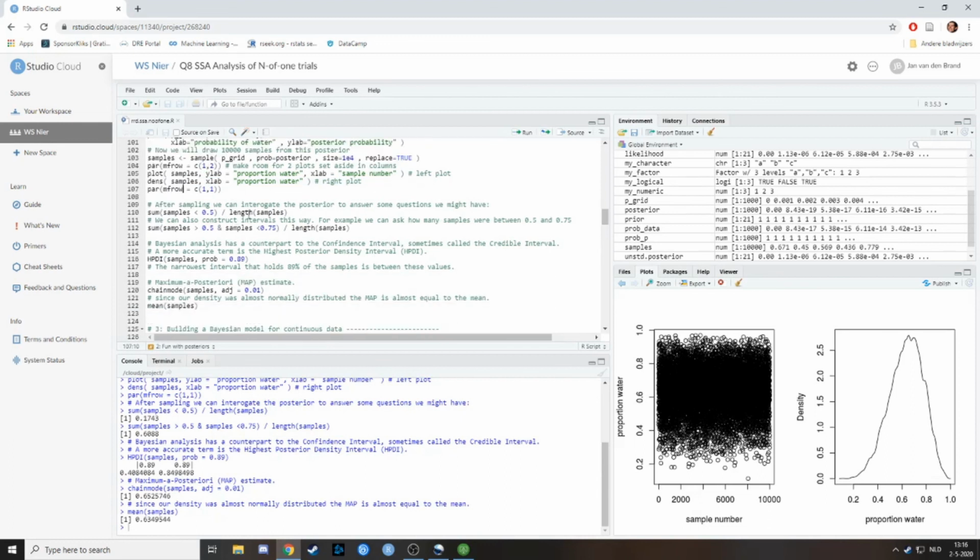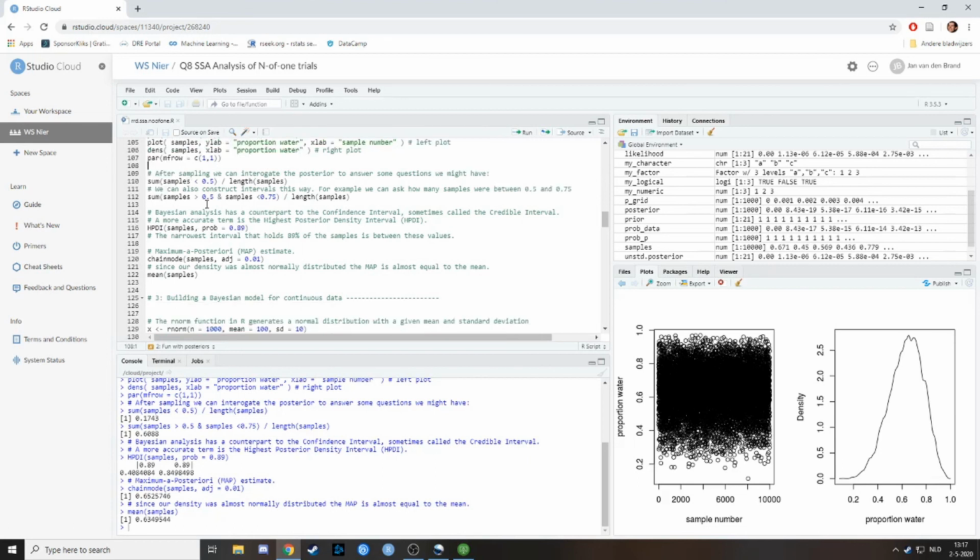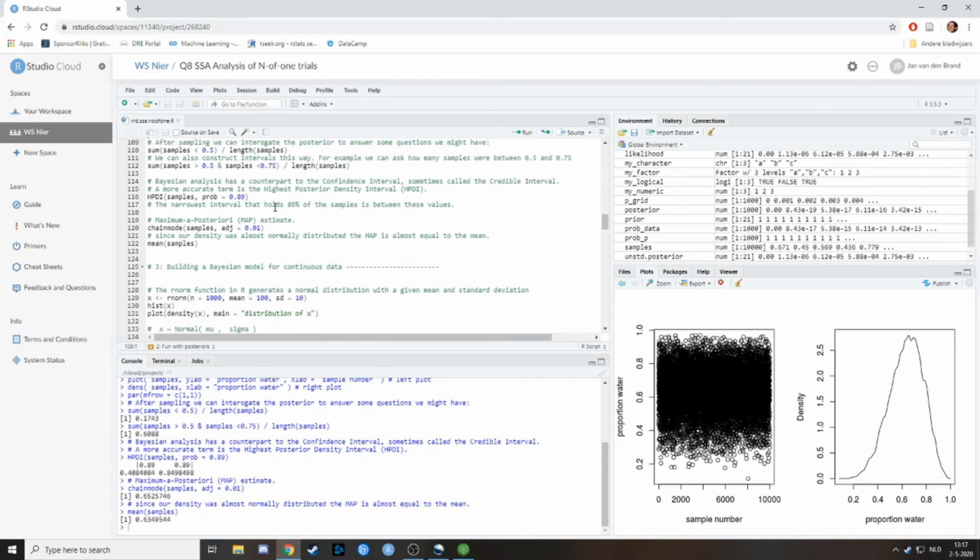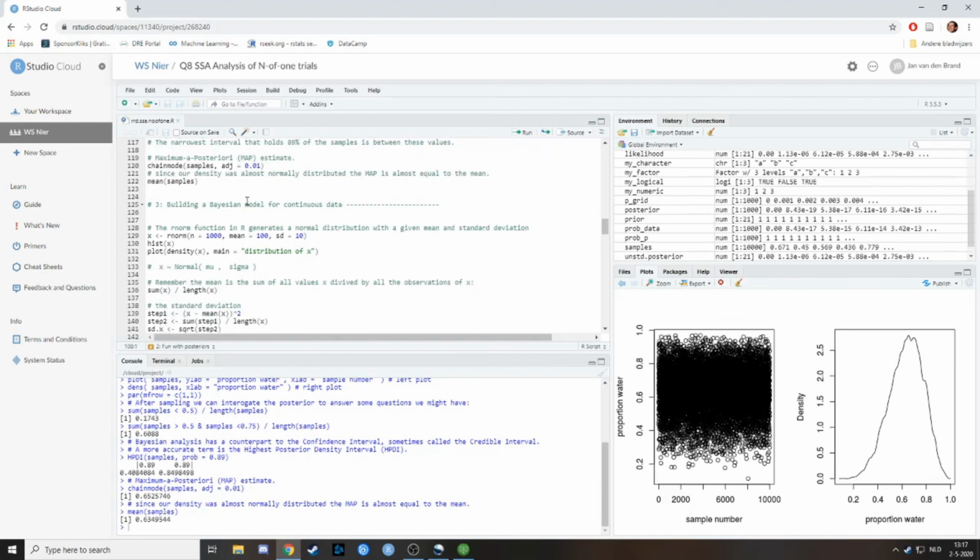After we've taken these samples from the posterior, we can ask all sorts of questions, like make prediction intervals, see which percentage of the samples is within a certain range or below a certain value. We can have something like a confidence interval, the highest posterior density interval in Bayesian terms, and we can have a parameter estimate, the maximum a posteriori, in Bayesian terms. We will be using this also to answer some questions by the end of this assignment. So try and remember these terms and we'll get back to them.